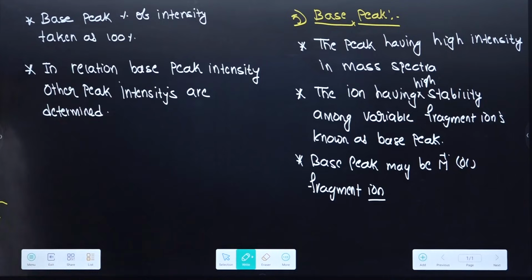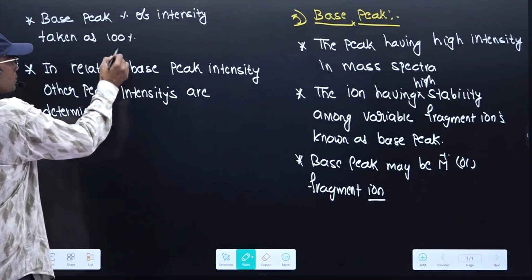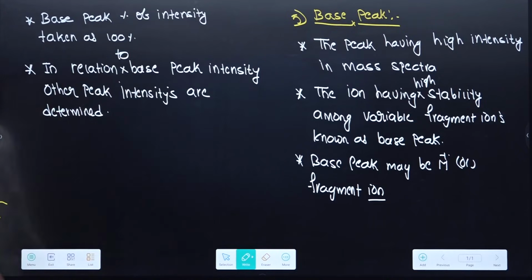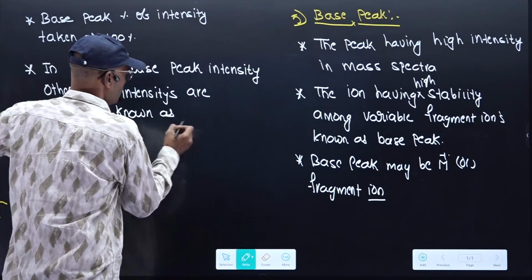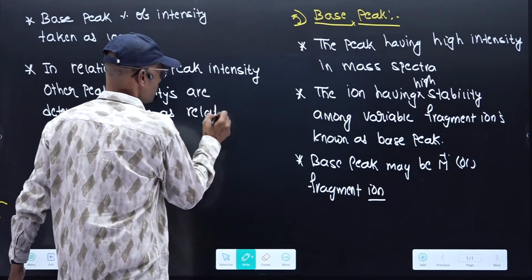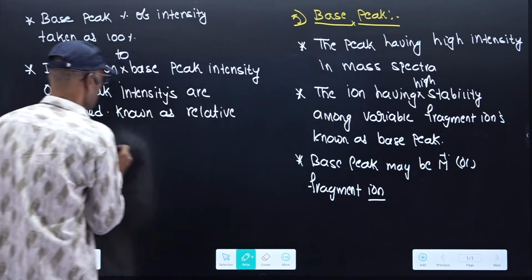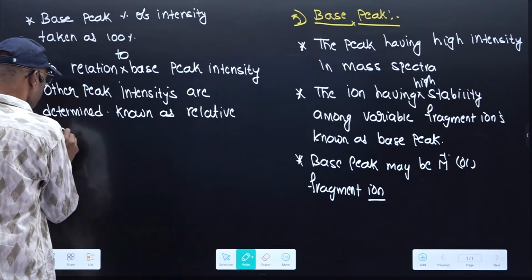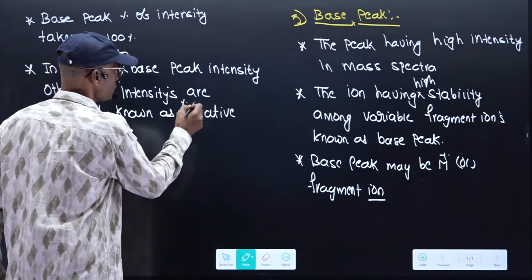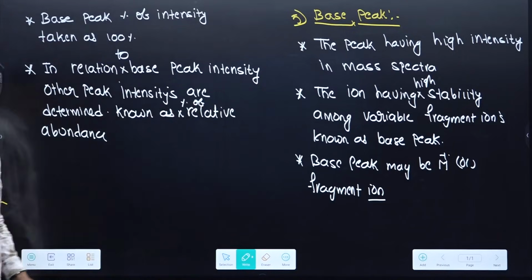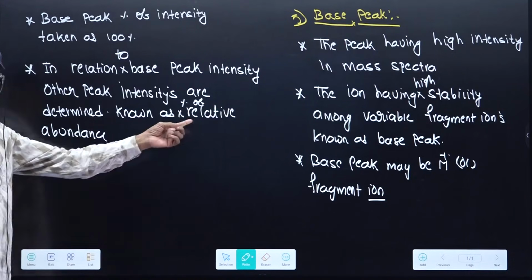That is generally known as relative abundance, or percentage of relative abundance. So percentage of intensity and percentage of relative abundance are both the same.